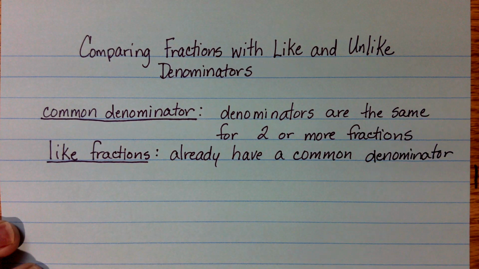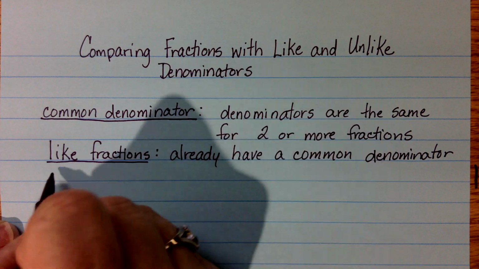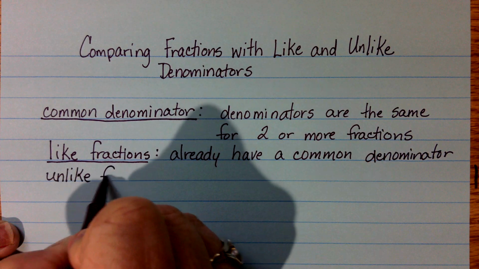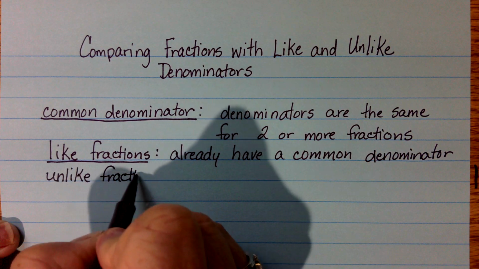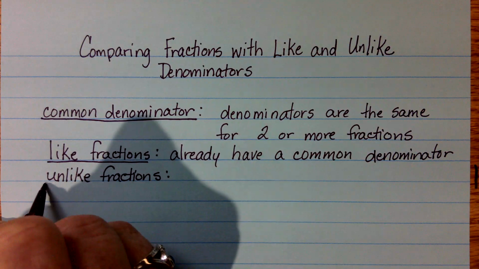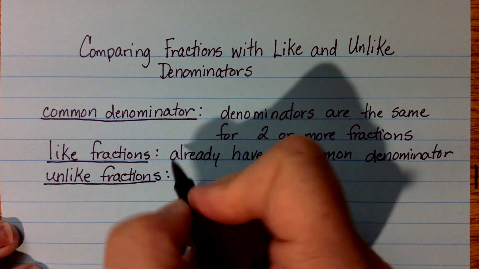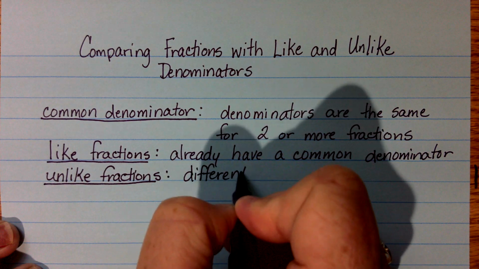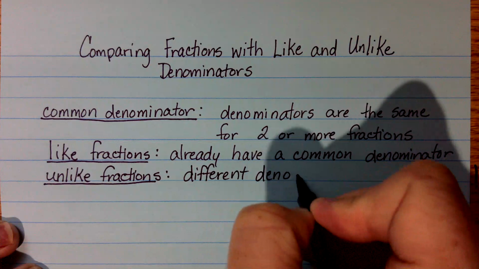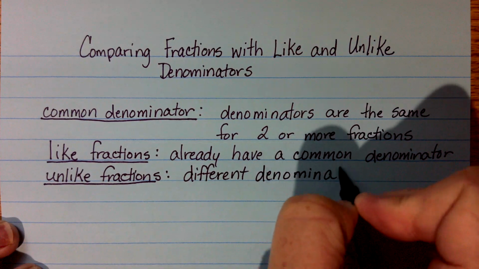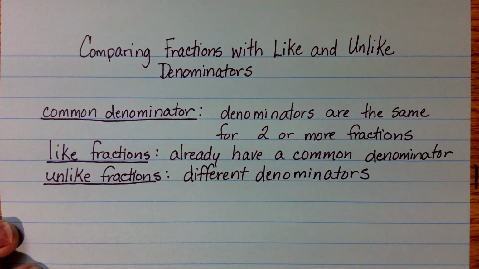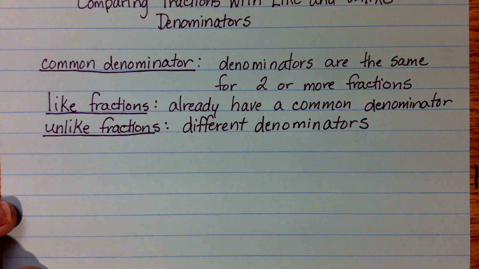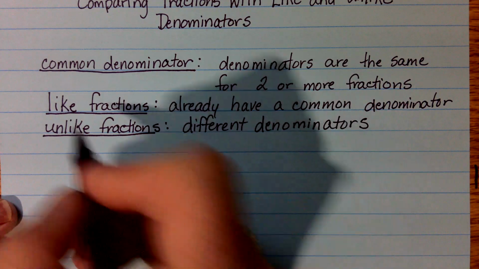And then we have fractions that are unlike. So unlike fractions have different denominators. When we have unlike fractions, we have to find what's called a least common denominator.